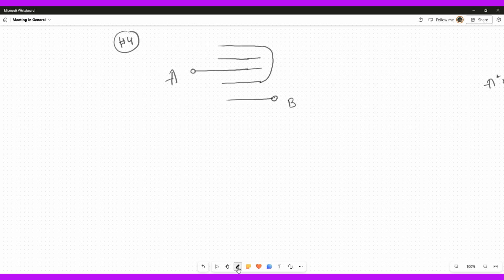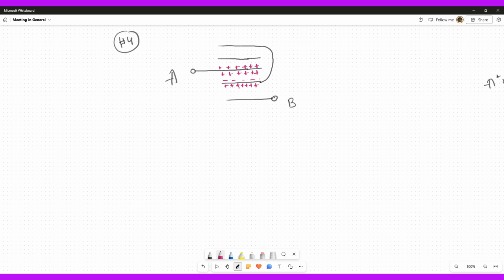Whereas these two plates are connected with positive terminal, so there will be plus charge only, plus, plus, plus. Like this, it will induce negative charge here and positive charge on the other side.